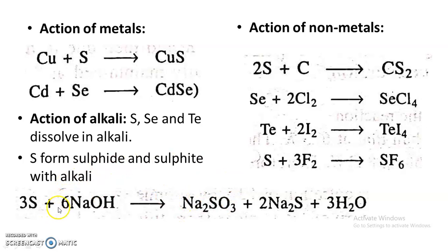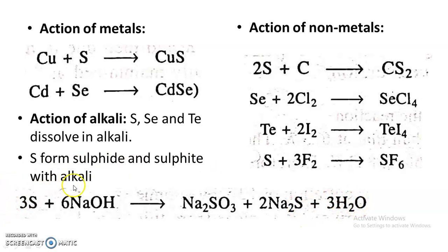As an example, when sulfur is added to sodium hydroxide, NaOH, then there is a formation of sodium sulfite, that is Na2SO3, and there is a formation of Na2S, that is sodium sulfide, and water.